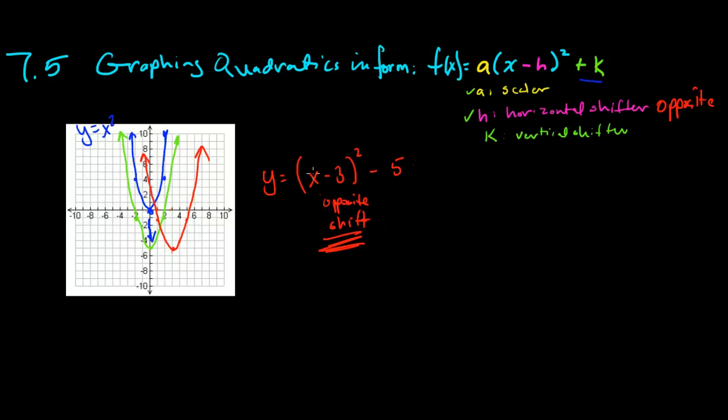So the form of the equation y equals a times the quantity x minus h squared plus k tells you that the vertex of your parabola is going to be at the opposite of h, and k. That's the vertex of your parabola. Now the only thing you need to do is put in your scalar. And in this case we had a scalar of 1.